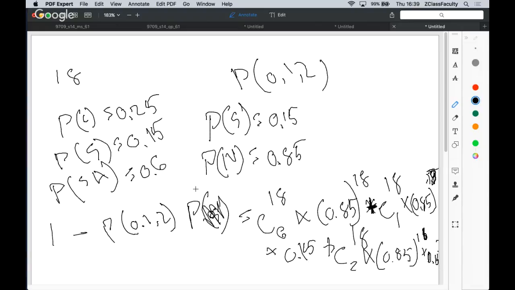And then the probability is equal to 1 minus that. You know how to calculate, say, 18 choose 6?